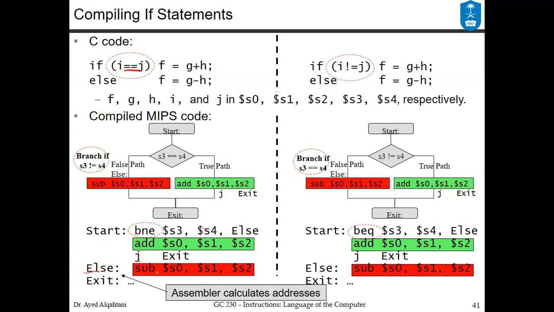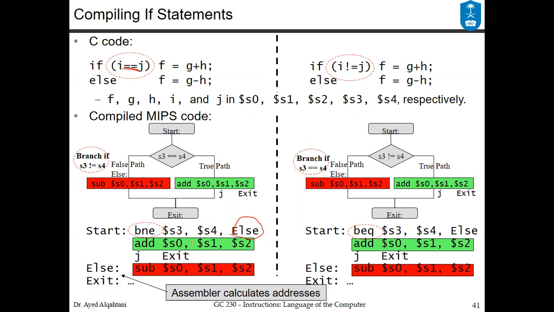Now what happens? We know that we write branch not equal. If this is equal in the high level code, you put branch not equal. You take the two variables and you branch to the else. Before you go to the else, right now you're not sure where do you write down the else. Right after this, you would put the true path, which is the addition.